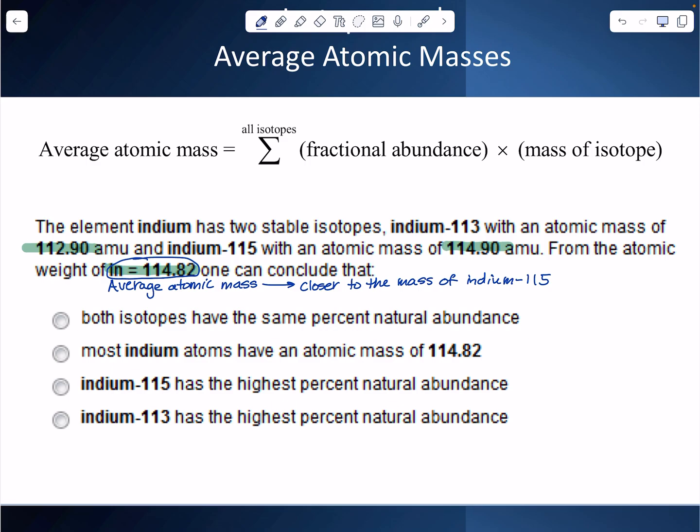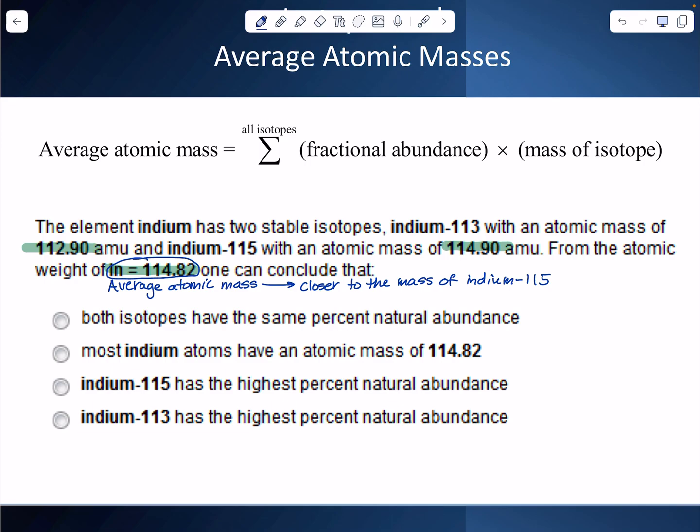115, right, because if it's more abundant, then its fractional abundance is going to be a bigger number, and the average atomic mass that we calculate is going to wind up closer to the number of the more abundant element, okay?